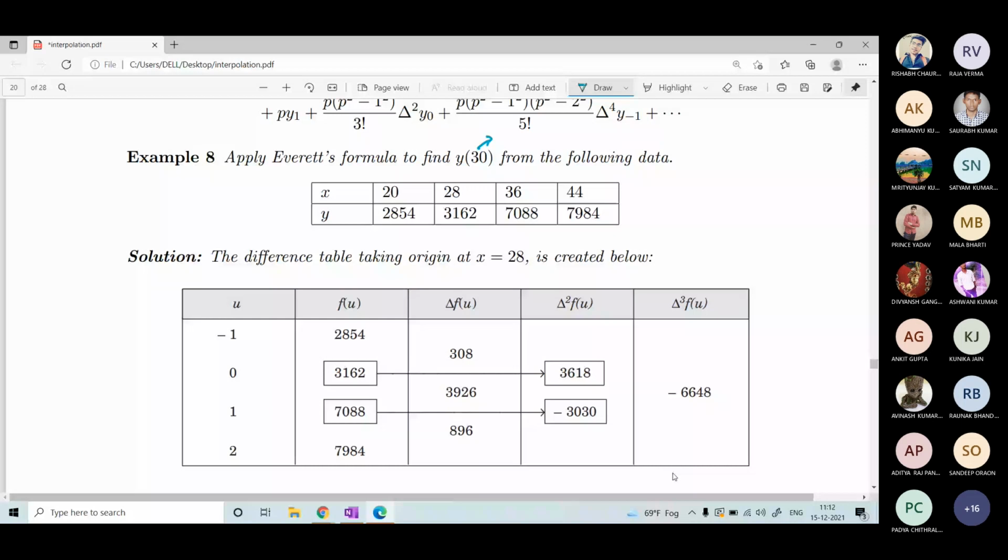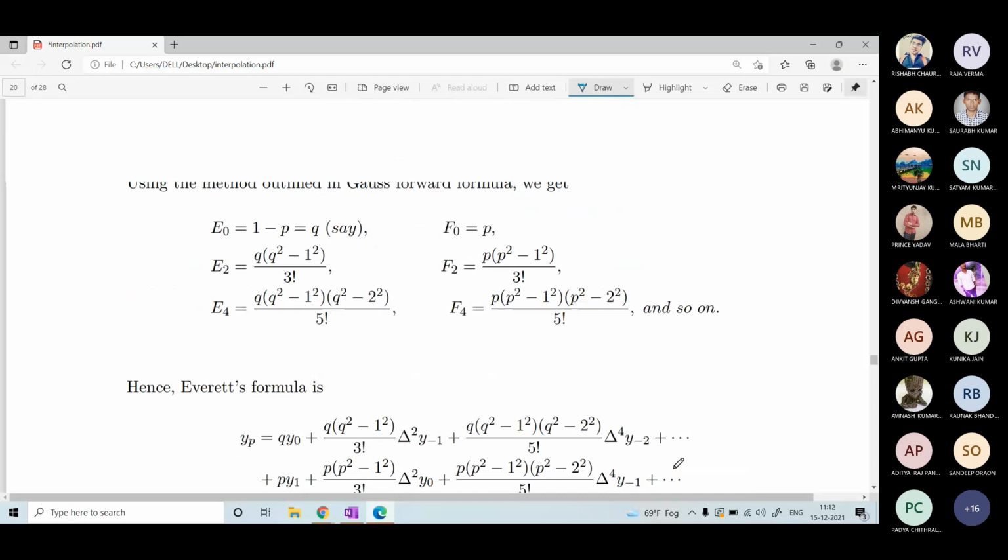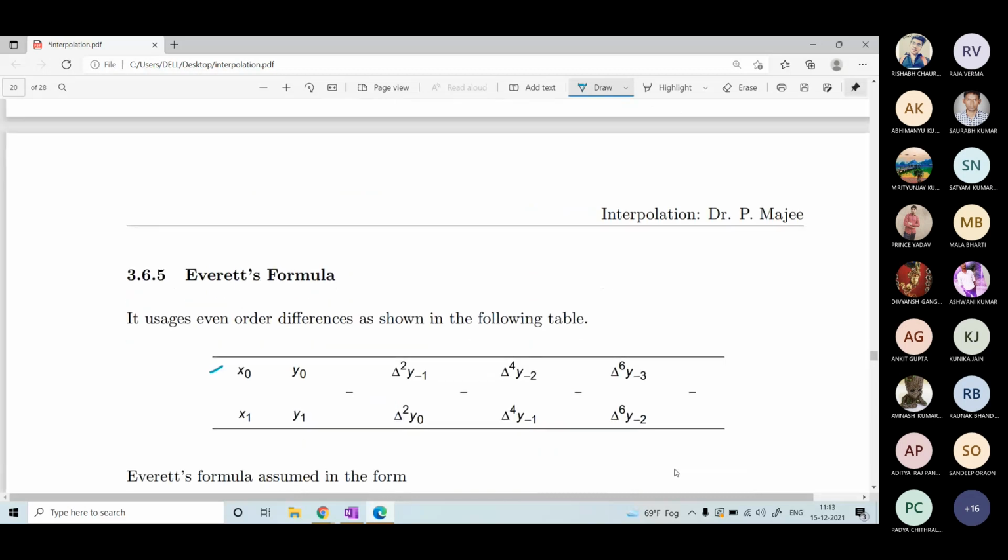Once you choose 28 as center, which elements from the forward difference table will be taken? Even order forward differences in the row y0 and in the row y1.